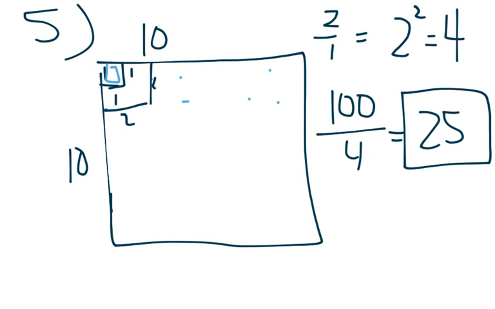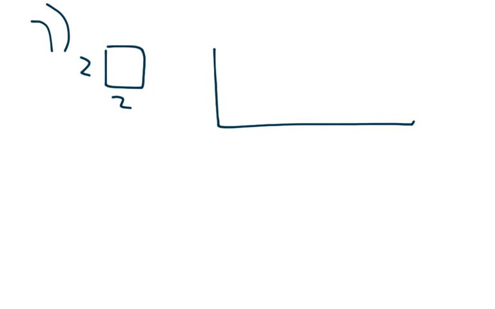For number 7, it gives us a square and a rectangle. The square is 2 by 2, and the rectangle is 4 by 8. It asks how many squares it will take to fill the rectangle below.